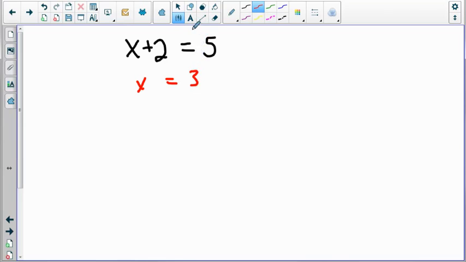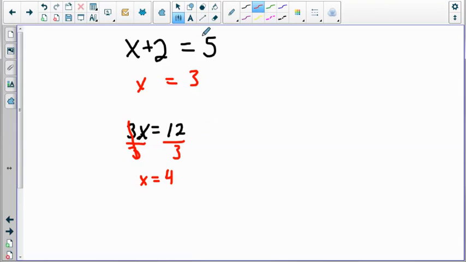Another example would be multiplying. 3 times x is equal to 12. One variable. How do you get the variable by itself? Well, you have to divide that 3 out of there. So you take 3x divided by 3, and if you divide 3 out of one side, you have to divide 3 out of the other side. So you end up with x is equal to 12 divided by 3, which is 4.